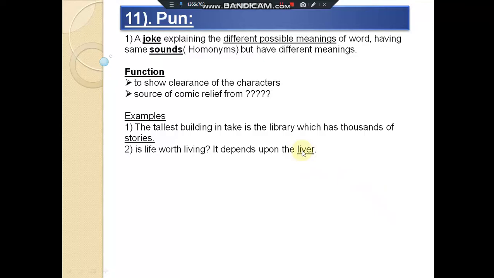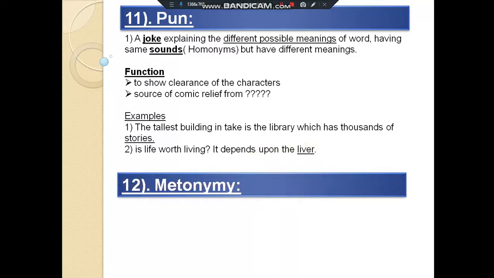So on the one hand, the writer is talking about the liver as an organ, and then he can say that life being happy or sad depends on the person who is living it, who is enjoying it. Here liver is used as a noun, as a person who is leading the life. So this is an example of pun.